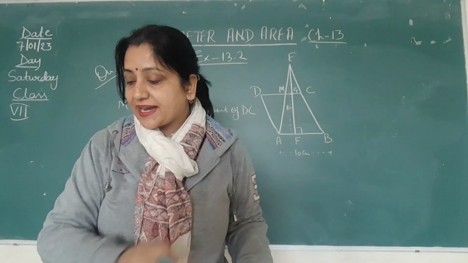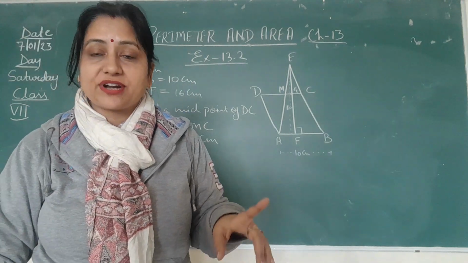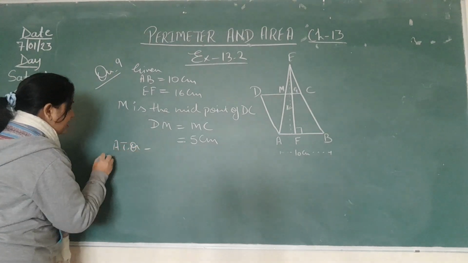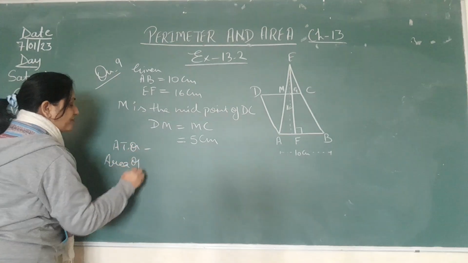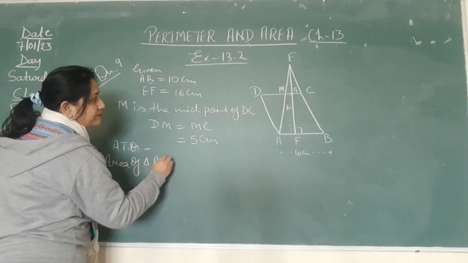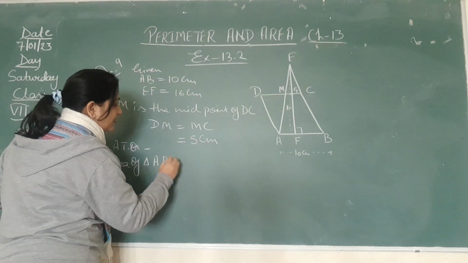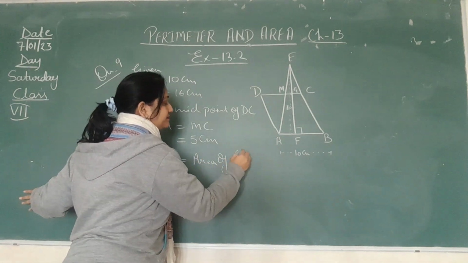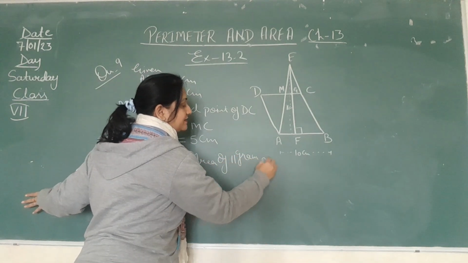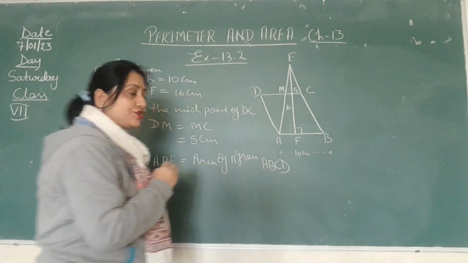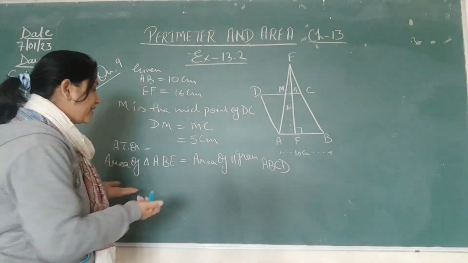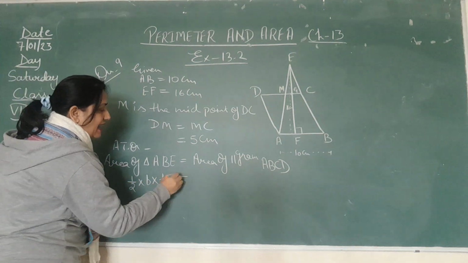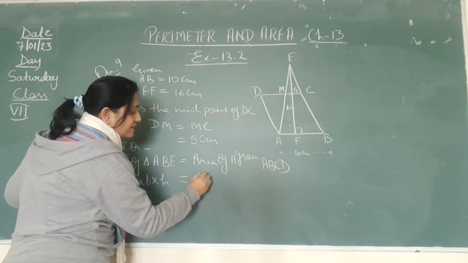Now the second point. It is given that area of triangle ABE is equal to area of parallelogram ABCD. We know the formula: area of triangle is equal to 1/2 into base into height, and area of parallelogram is equal to base into height.